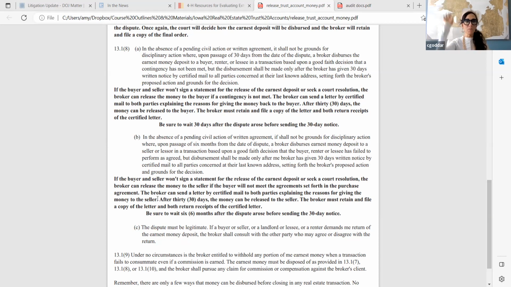It was way up by Sioux City, and I had a broker, and she had $250 earnest money. A lot of you guys are like, that's nothing. What happened is these two people both got snarky. They wouldn't sign the release, so the broker let it go through small claims. They decided to sue each other over $250.